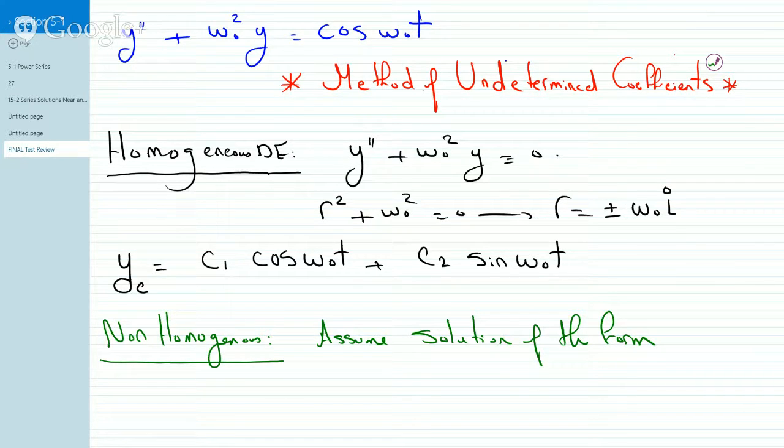They repeat. So then you'd have to modify the particular and assume solutions of the form a t cosine omega 0 t plus b t sine omega 0 t. Instead of cosines and sines, it will be t sine and t cosine.